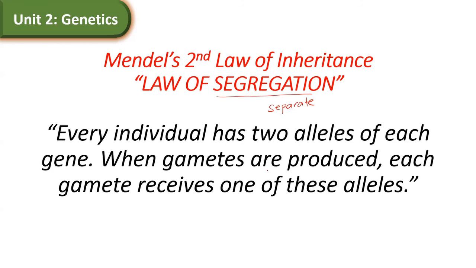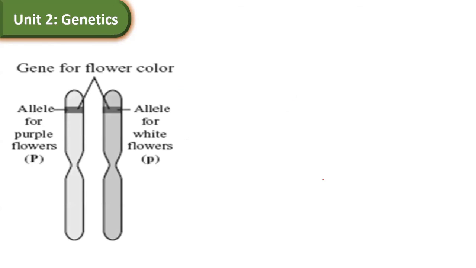When gametes are produced, gametes are your sex cells, your sperm and your egg cells, each gamete receives one of these alleles. So what does this law of segregation mean?